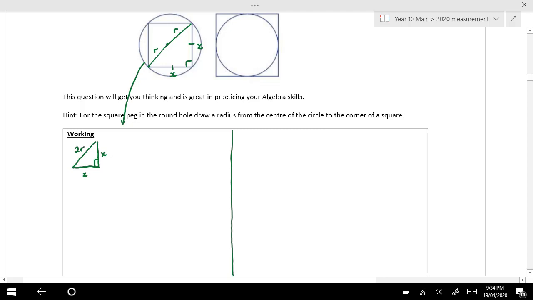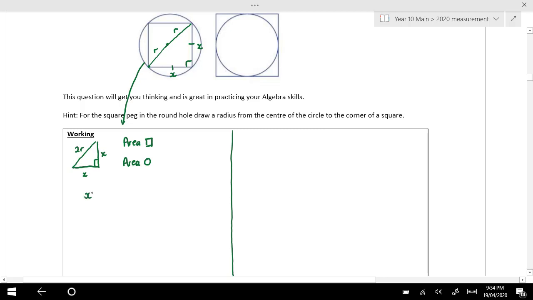Okay, so now we've got a relationship, because what we want to do is find the area of the square, and then find the area of the circle. So the relationship is using Pythag.